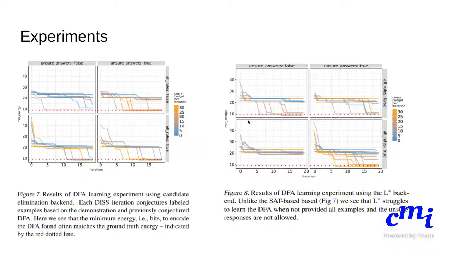So when you use LLM, it is significant that when you allow unsure answers for elements, we get the answers like these two columns. We are able to reach the good DFA sooner. It improves the performance.